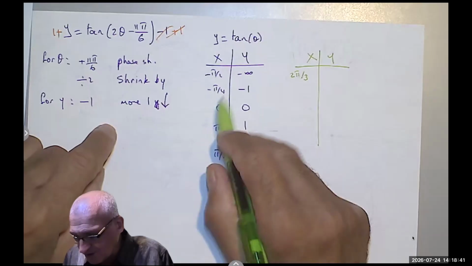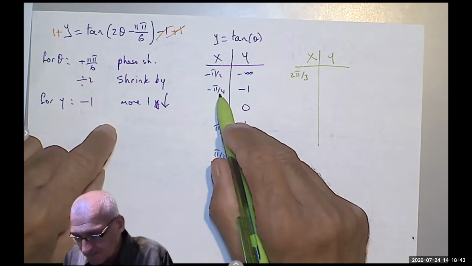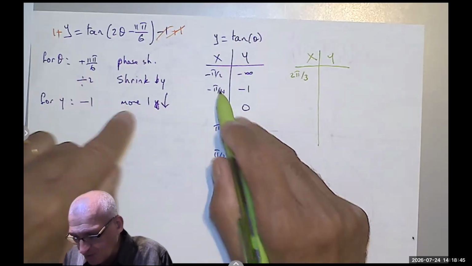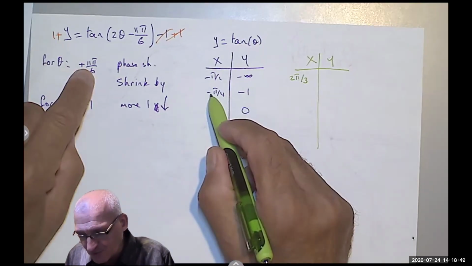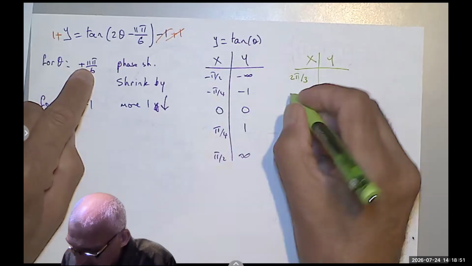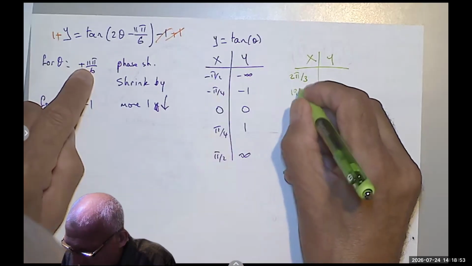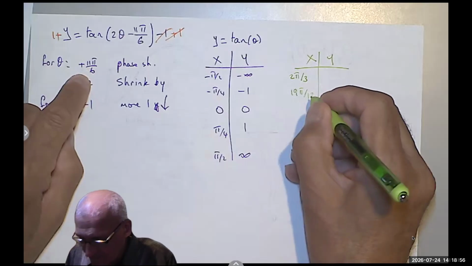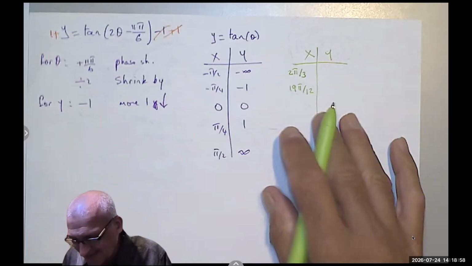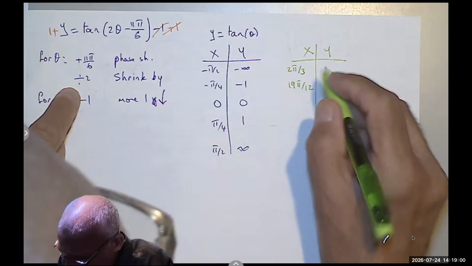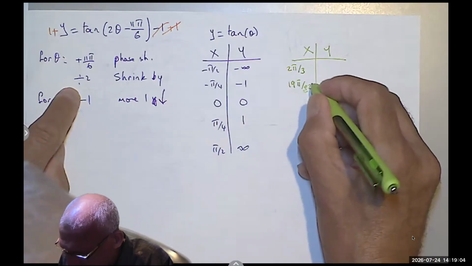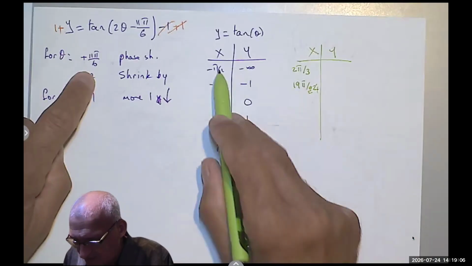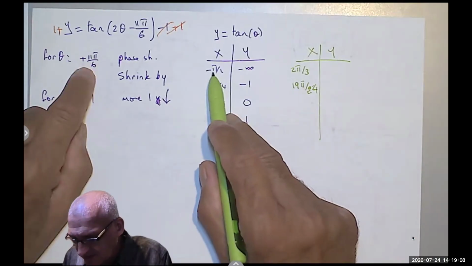Negative pi over 4 is negative 3 over 12, and this is 22 over 12, so you get 19 over 12. 19 pi over 12. That's horrible. Oh, we didn't divide by 2. So over 24. Does that make sense? Let me see again. So we said 11 minus 3 is 8.